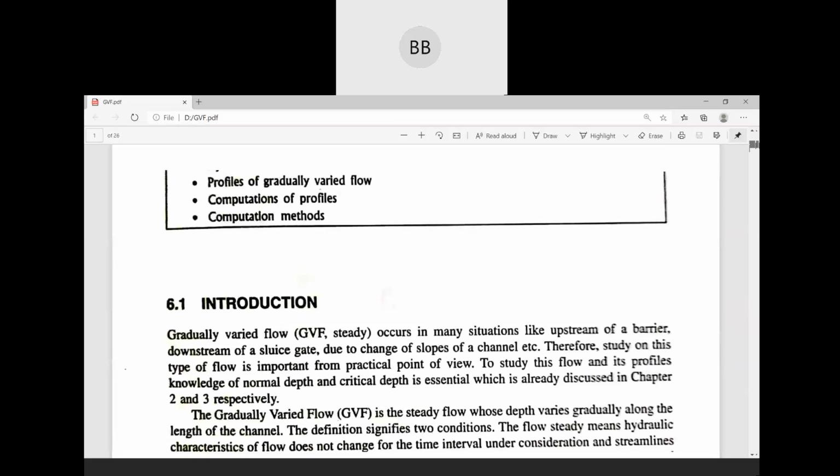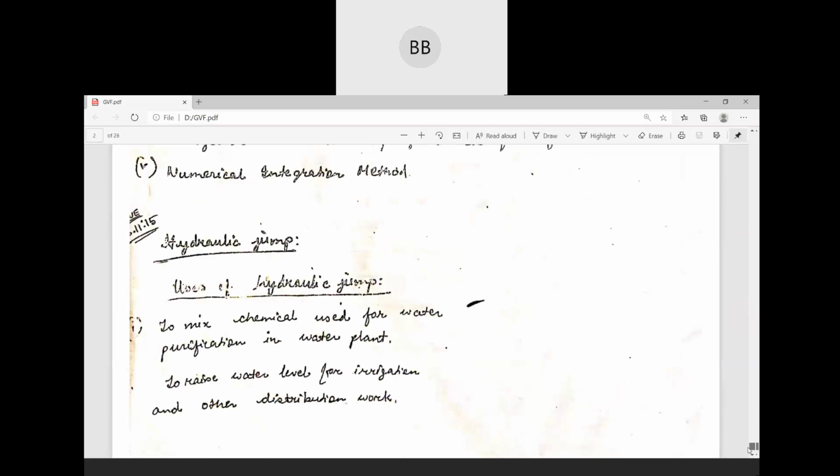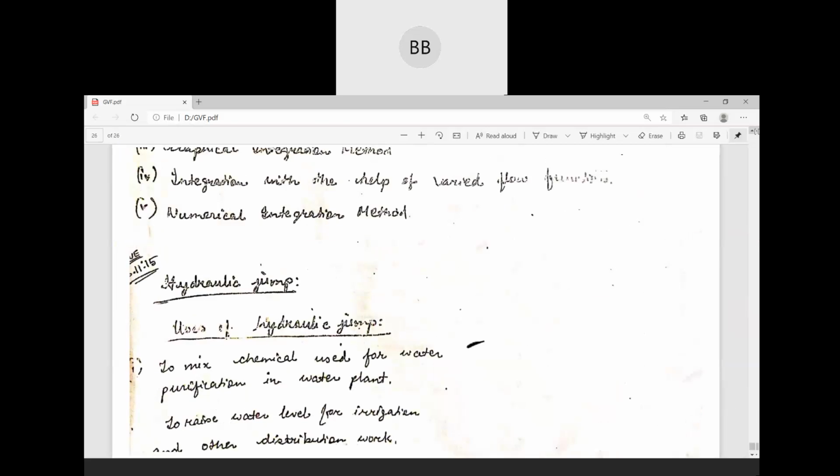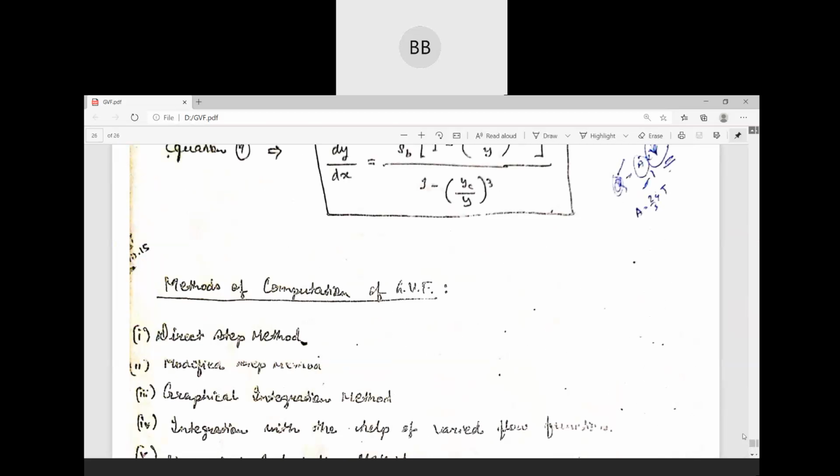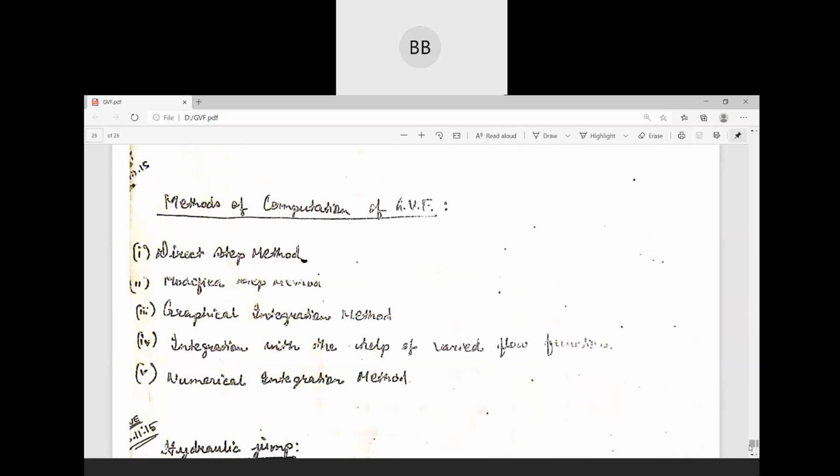Before that, we will see that the gradually varied flow equation we cannot solve manually. So we have to use some methods to solve the dynamic equation of gradually varied flow. This is not in your syllabus, or I think the direct step method is there in your syllabus.